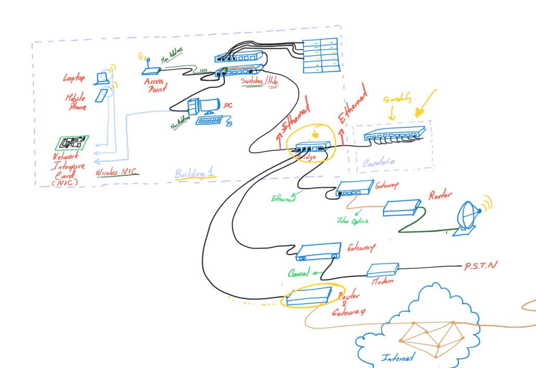So I was talking about the switch. Usually what you have, let's say in a building, in each floor, is one or more switches depending on the number of ports that you need. And usually, for example, in the data center, which is where you have all the servers, each one of those computers should have an interface card as well, a NIC that is connecting them to the internet and all the other services.